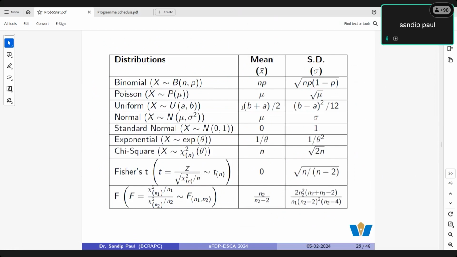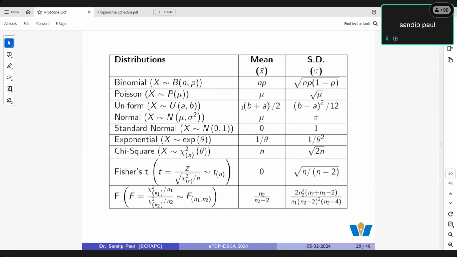Now here we have given a table of different types of distributions. There are several other distributions, and I have considered only a few of them. First is binomial. If we consider the binomial distribution and its mean and standard deviation, obviously the mean is np and the standard deviation is root over npq, or root over np into (1 minus p). As you know, q is 1 minus p.